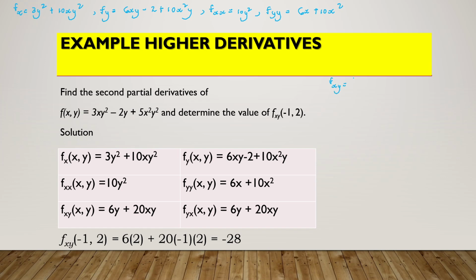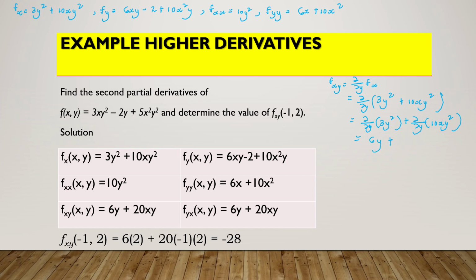So the fxy is actually ∂/∂y of fx, which is ∂/∂y of 3y squared plus 10xy squared. Meaning you differentiate with respect to y term by term. ∂/∂y of 3y squared you have 6y.